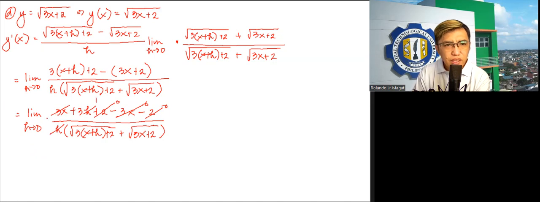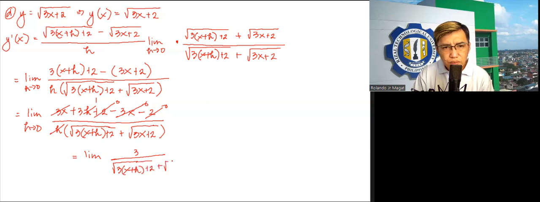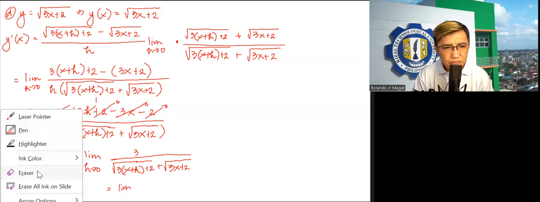Okay? Don't forget that. What's left is the limit of 3 all over the square root of 3 times x plus h plus 2 plus the square root of 3x plus 2 as h approaches 0. Let's evaluate the limit already.